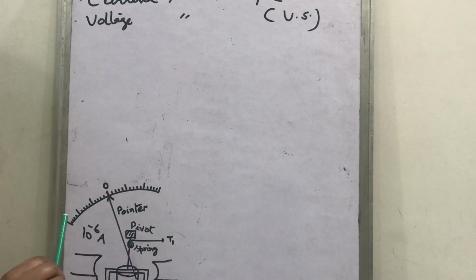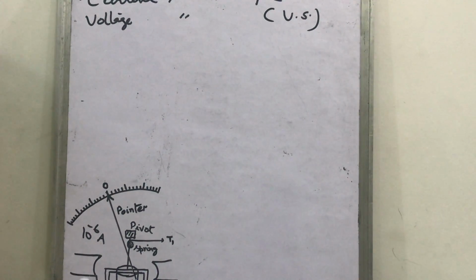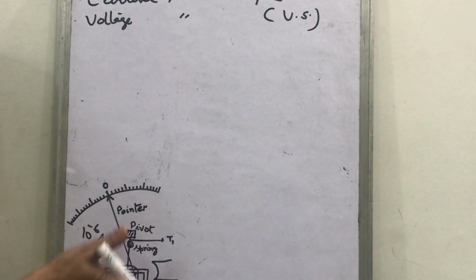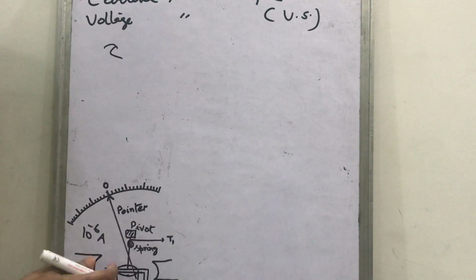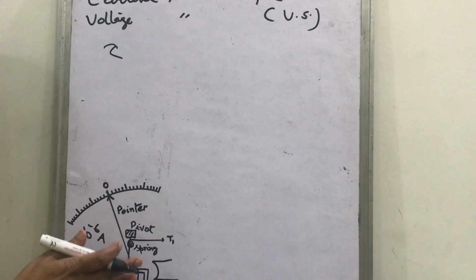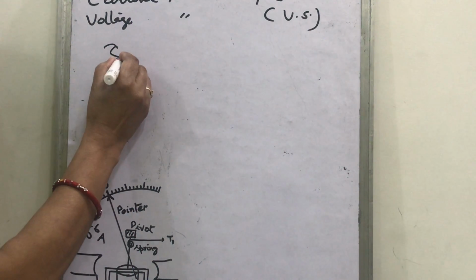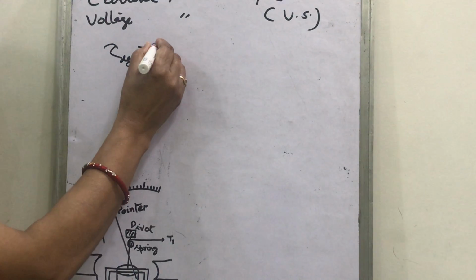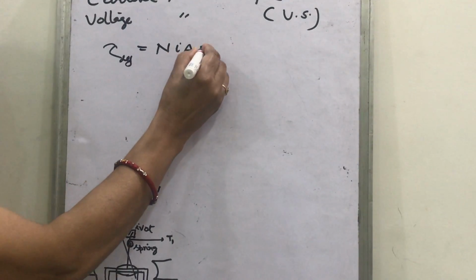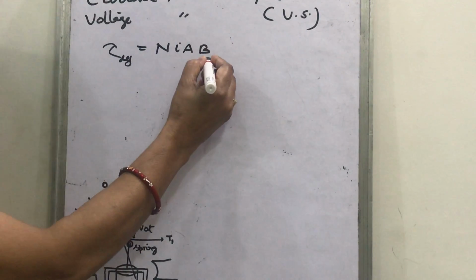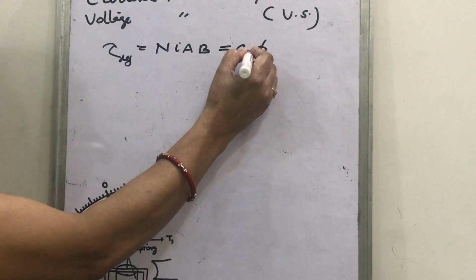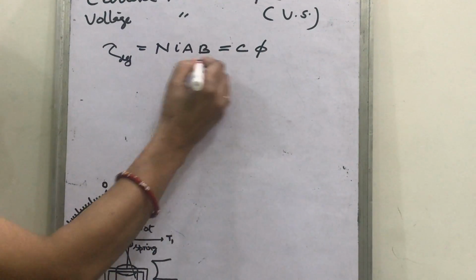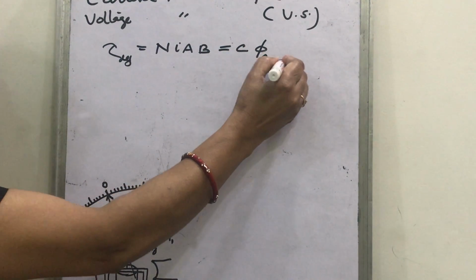Now specifically, what do you mean by current sensitivity? Look, we have read the principle at which it works: when the current carrying coil is placed in a magnetic field, it experiences the deflecting torque, which is maximum in every position of the coil due to the radial field. This deflecting torque is balanced by the restoring torque, C phi.